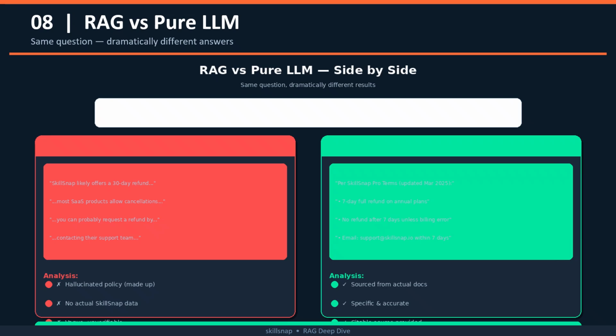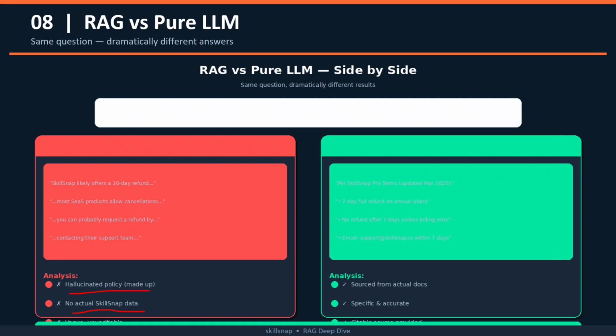If I ask the LLM to respond to this question, it will give me a hallucinated policy. It will not actually get the SkillSnap data. If I ask the LLM a question about SkillSnap, about how it works, it will give me an answer, but it hallucinates and it will not give me the actual data.